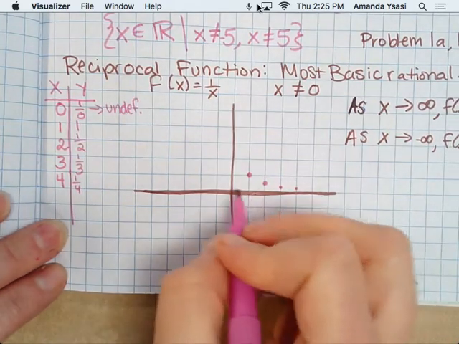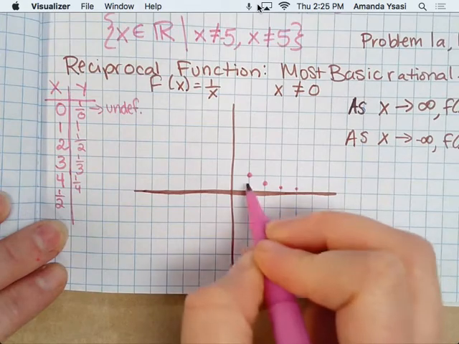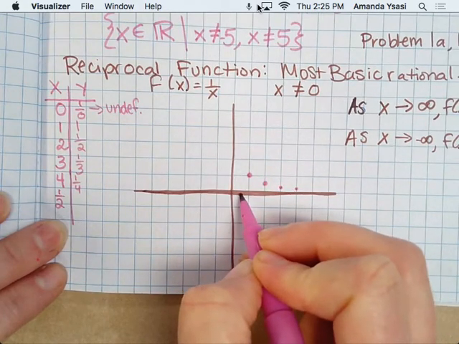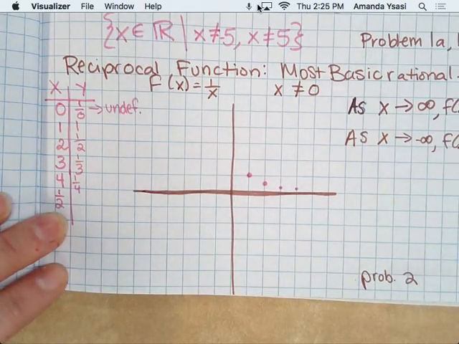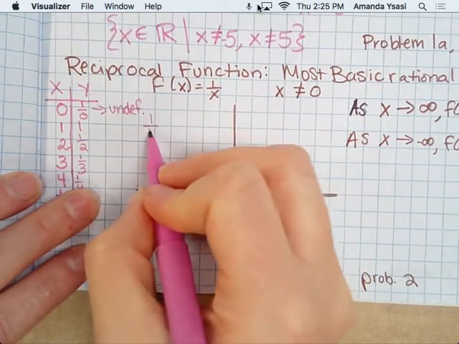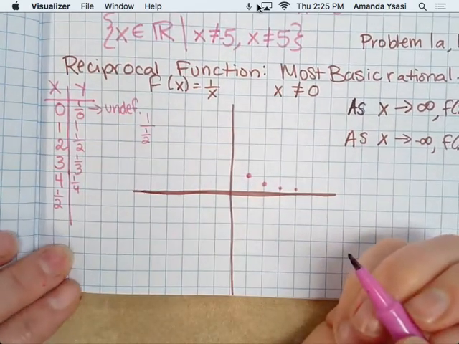So let's see, what about half? What is half? So I want to see how it behaves up here. Half would be 1 over 1/2, which would be 2, right?